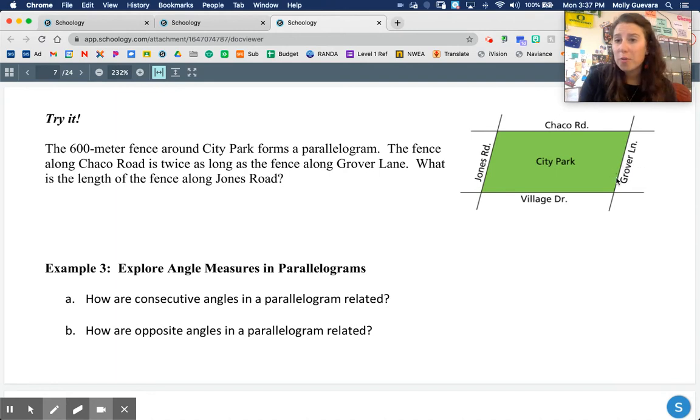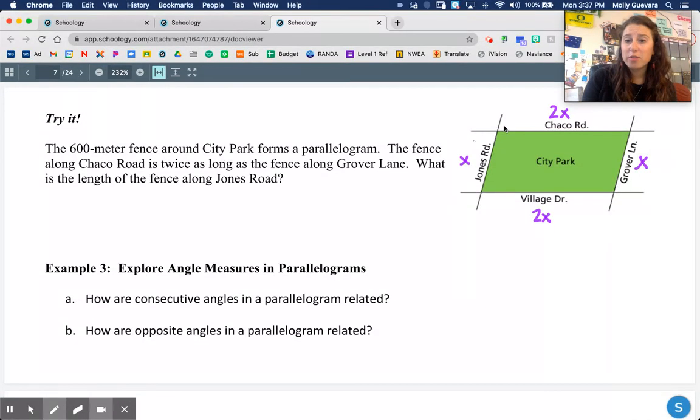I don't know what the fence along Grover Lane is, so we can call that maybe X. But I know that Chaco Road is twice that, so that tells me that Chaco Road is 2 times X, which means Jones Road is also X and Village Drive is also 2X because, right, it's a parallelogram, so opposite sides are equal.